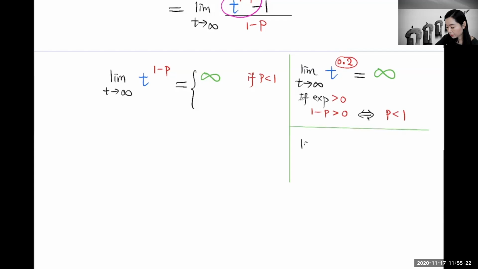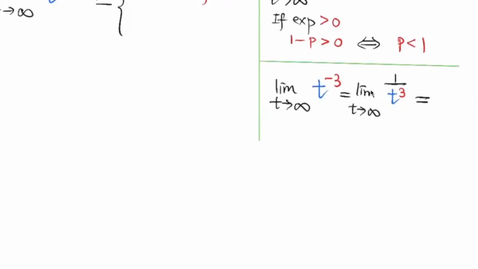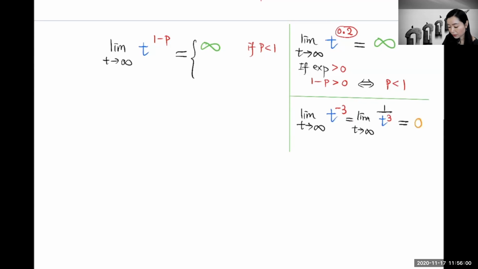Now what happens when you have the limit as t goes to infinity of t to a negative power? T to the negative power is 1 over t to the positive power, right? So when t goes to infinity, then t to the power also goes to infinity, so this whole thing, the limit, is going to go to 0, which is a finite number. So it actually depends on this exponent.